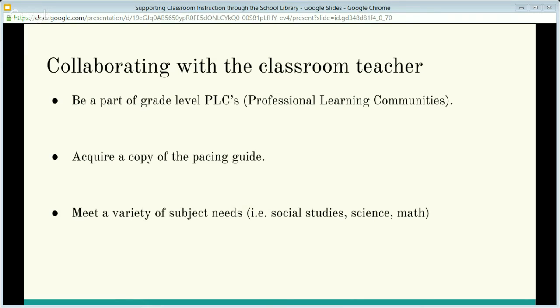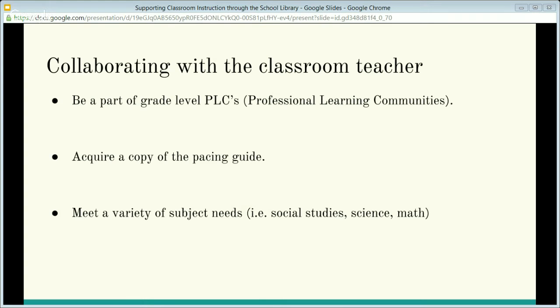Maybe they're studying about missions in social studies. So that's something that you can share with them. Or they're studying heritage in social studies. There are tons of great books out there that have to do with heritage, and you can book talk a book, but at least you are showing that the library is not just about English language arts.